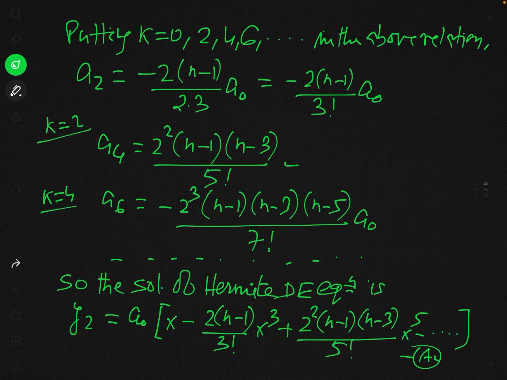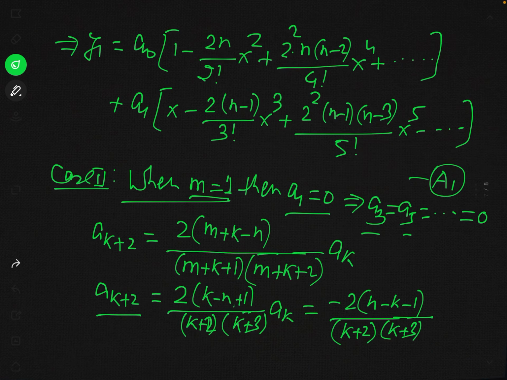Now you can see these two solutions. If you look at the solution of Hermite differential equation defined in equation A1 and in equation A2, you can recognize that the solution defined in A2 is included in the solution A1. The only difference is that in place of a naught there is a1.